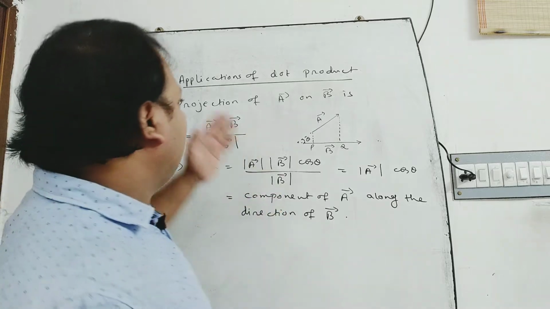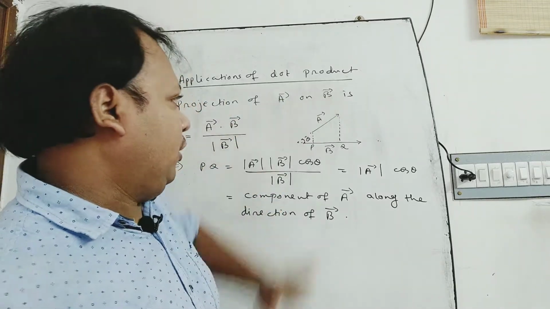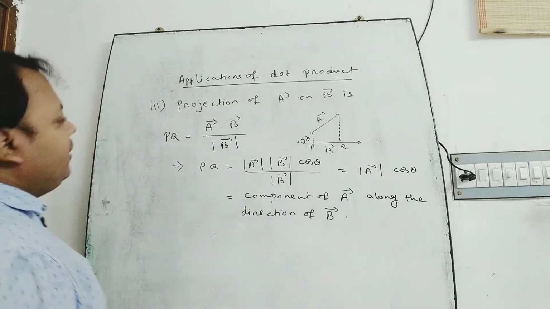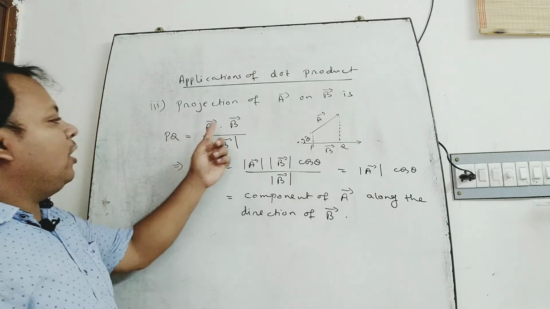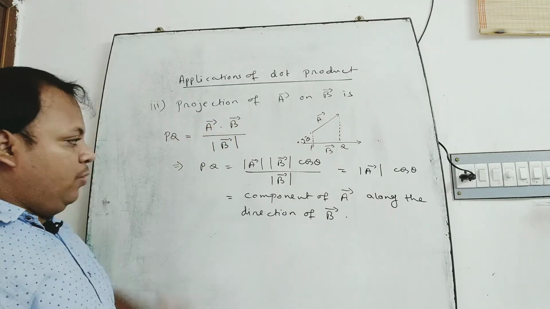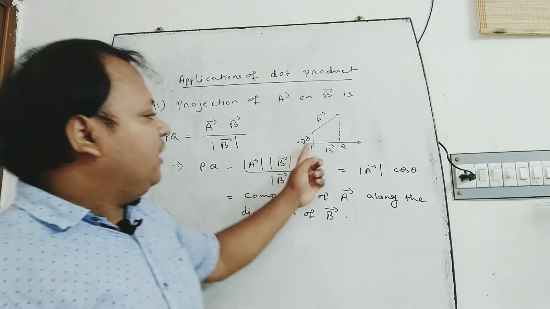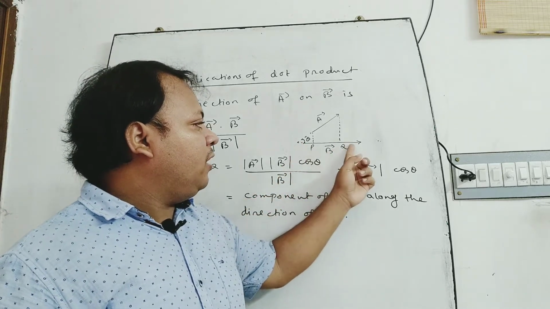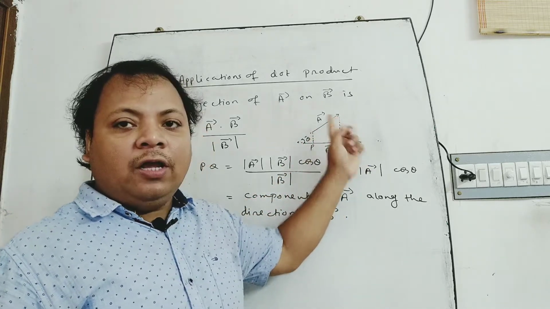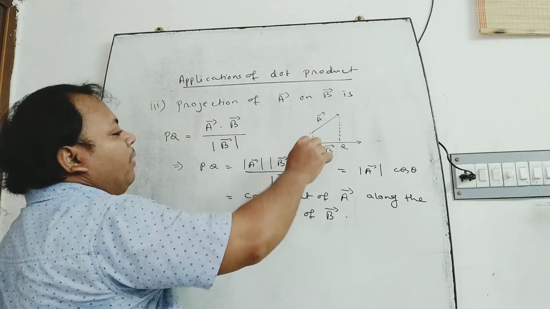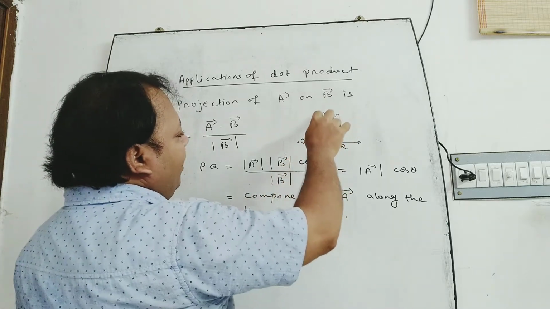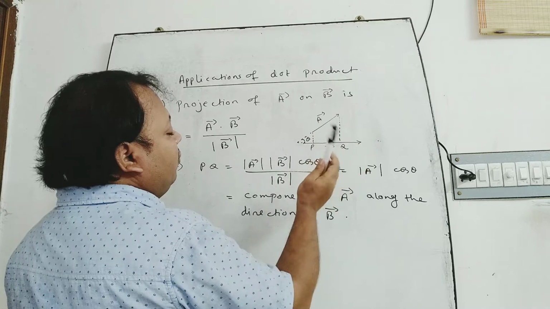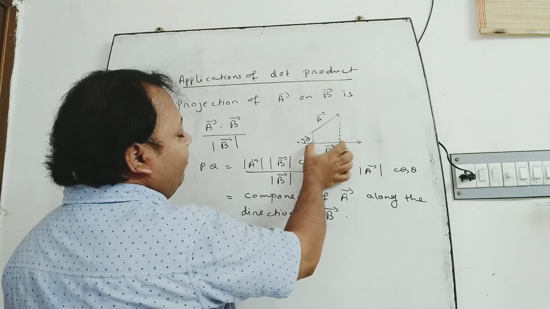Now, the projection of a vector on b vector can be written as a vector dot b vector by mod of b vector. Let this be the b vector and this be the a vector. If we draw the perpendicular from a vector on the b vector, we get the line segment PQ.